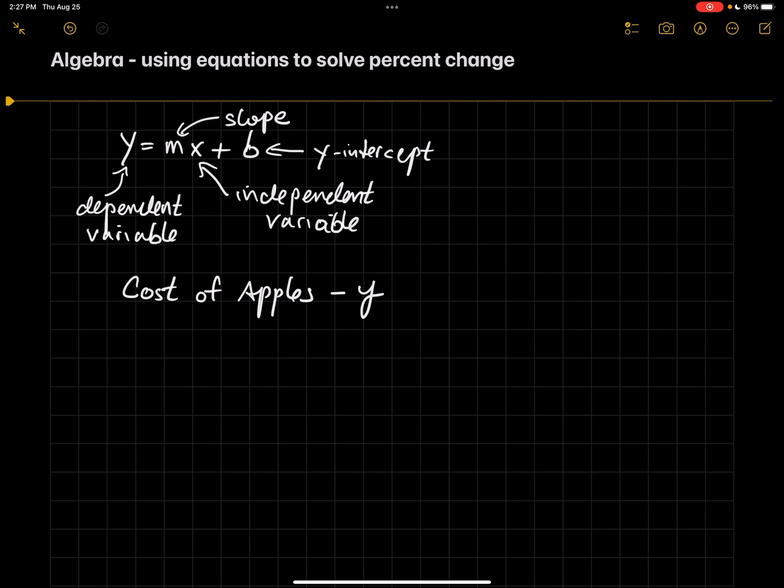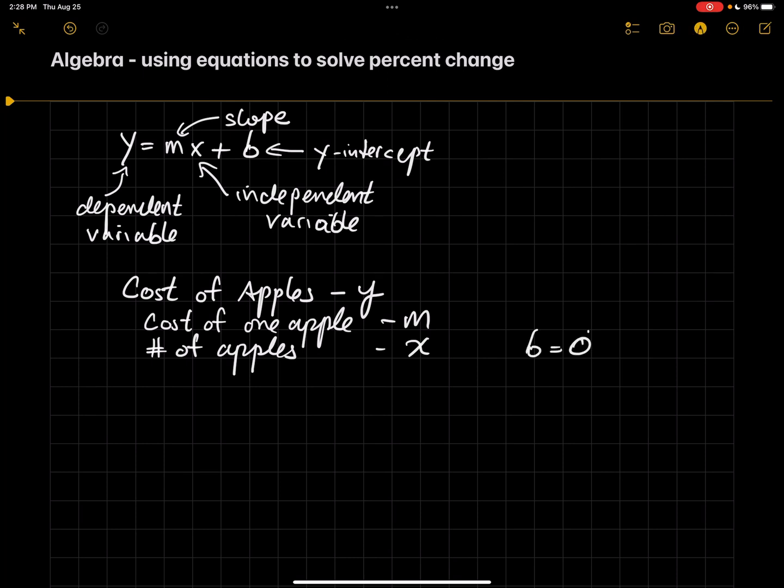Well, y is going to depend on the cost of one apple, and that would, for example, be m. And then it's also going to depend on the number of apples that you buy. And so that would be x. And in this case, just to complete the example, the y-intercept b would be equal to 0.